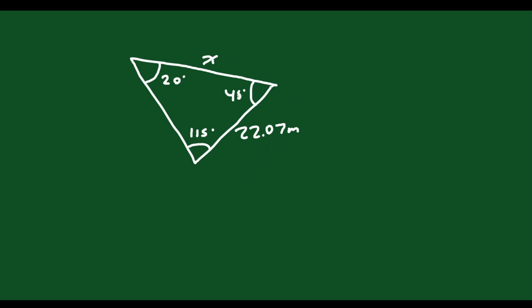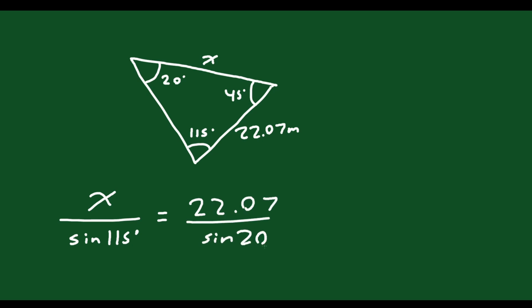So the question is, how do I find that x now that I have all this information? Well, I have this side that I'm looking for and this angle across from it. I have this angle and this side across from it. I think I can do a sine law. So I'll do x over sine of 115 equals 22.07 over sine of 20, right? And I'm putting the x on top just to make it easier to solve for, right? So multiply both sides by sine of 115.